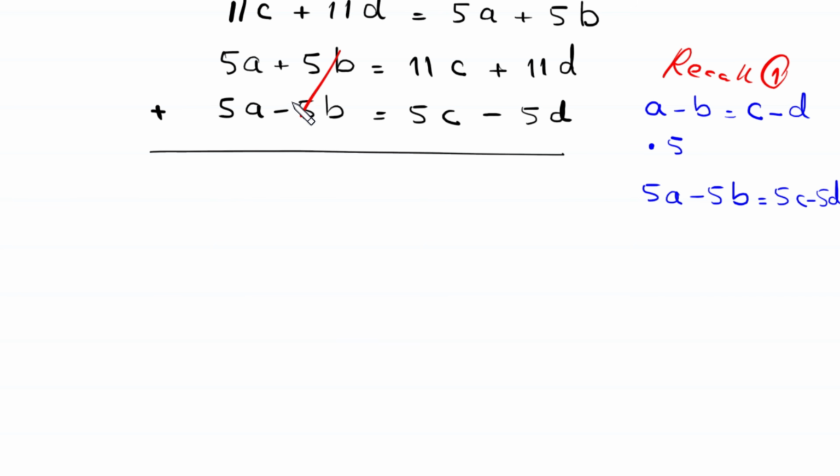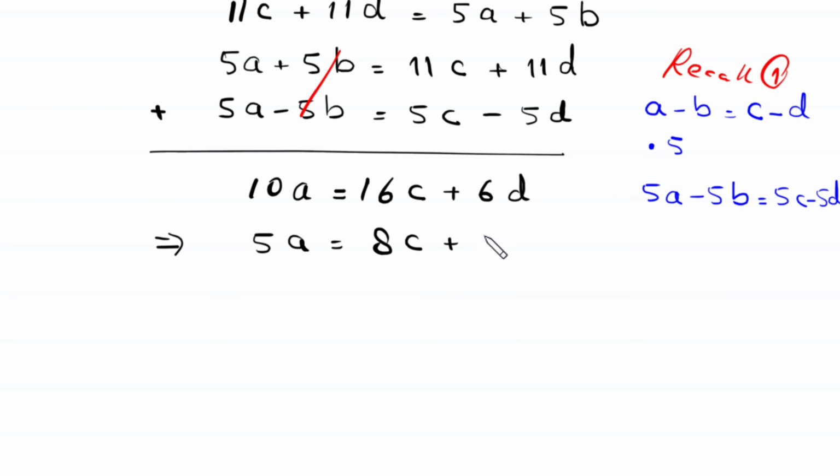This cancels out, and 5a plus 5a becomes 10 times a, equal to 11 plus 5, 16 times c, and 11 minus 5, 6 times d. If we divide both sides by 2, this implies that 5 times a equals 8c plus 3 times d.